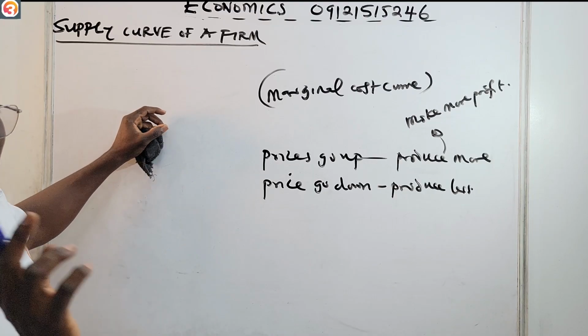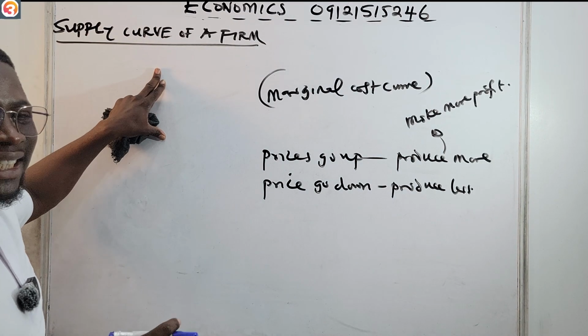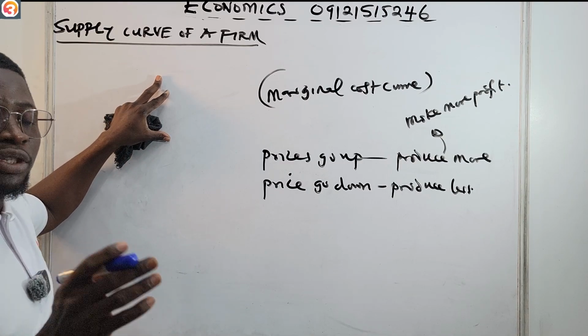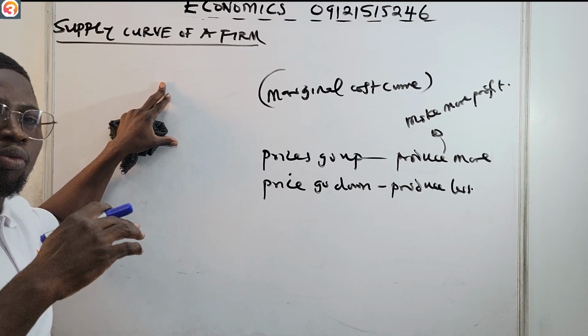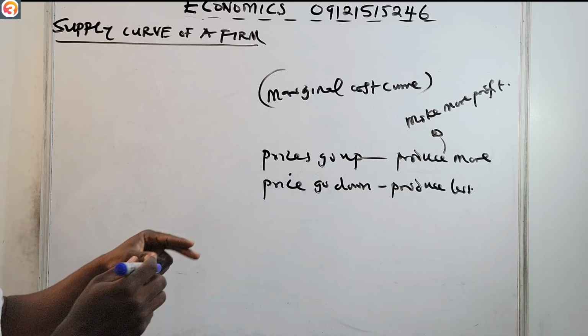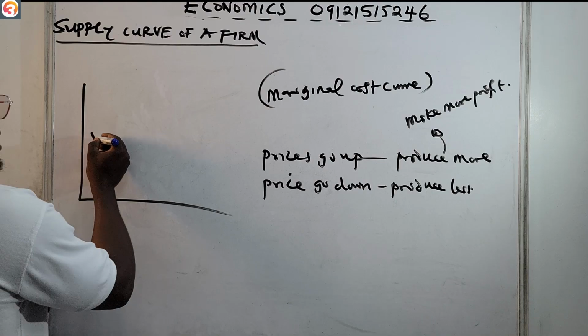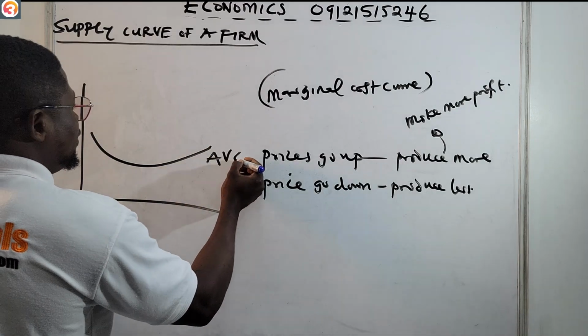So the supply curve comes from the marginal cost curve. The firm's supply curve is the upward sloping part of the marginal cost curve. So now when we have our curve like this, we now have our average variable cost curve, AVC.